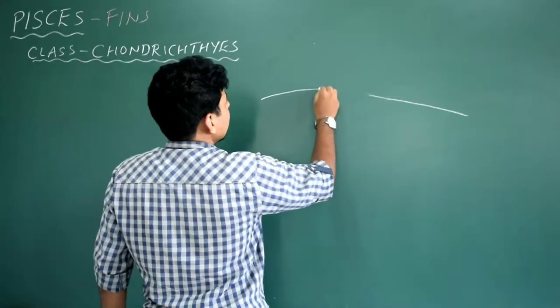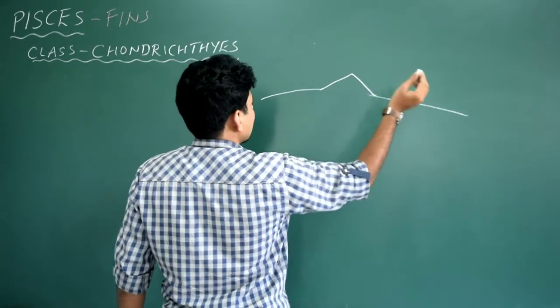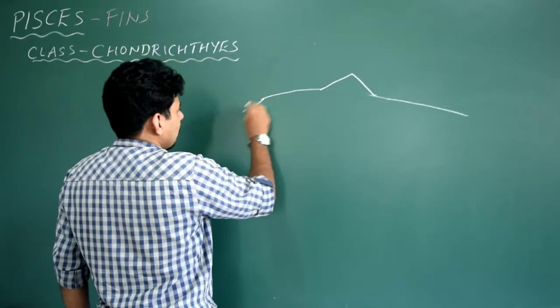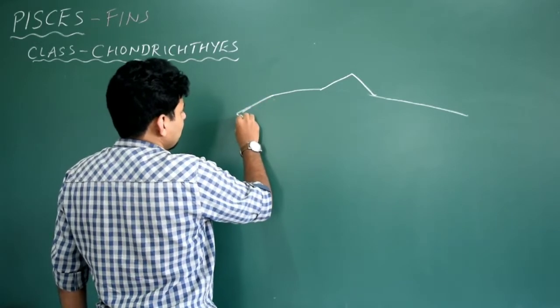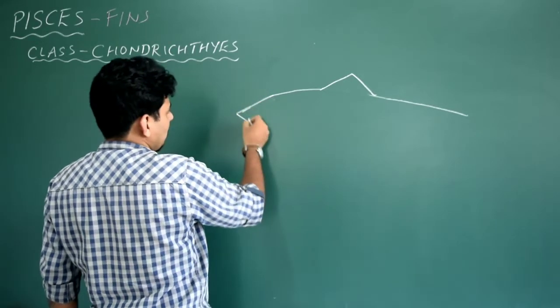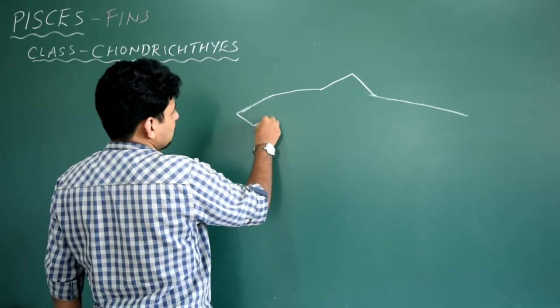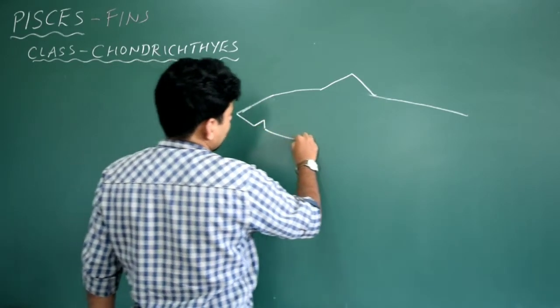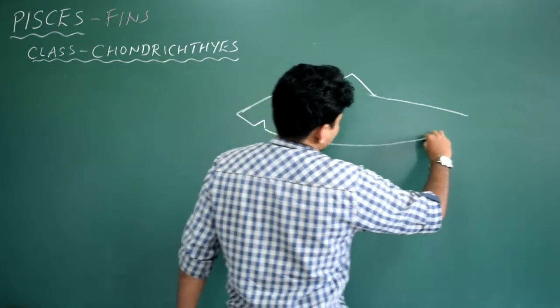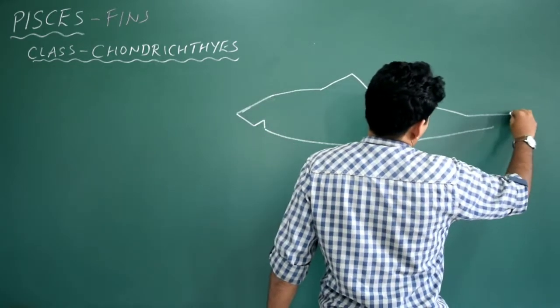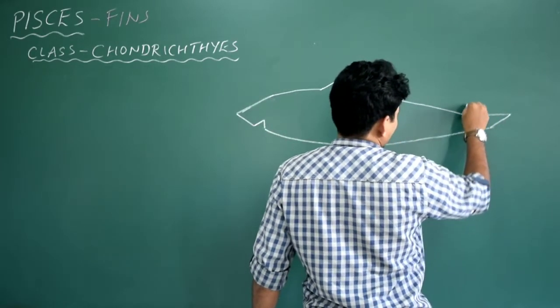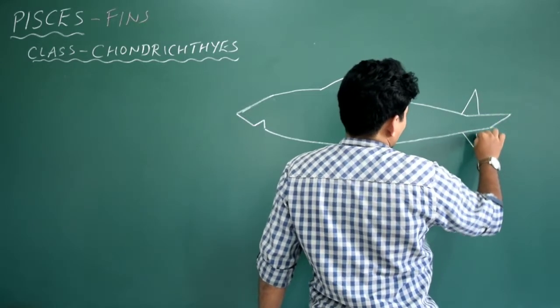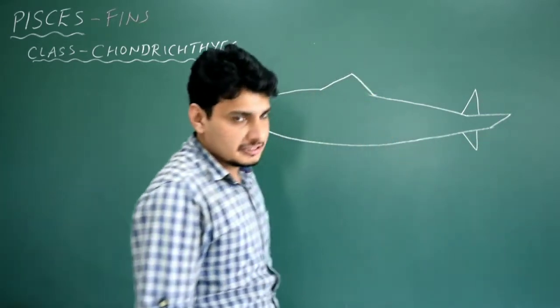Okay. Here we'll put a small tiny structure like this, and this mouth part is very sharp actually, but the mouth is situated here. You can see the mouth. We'll continue. So like this, and it ends like this, and it has got two anal fins.